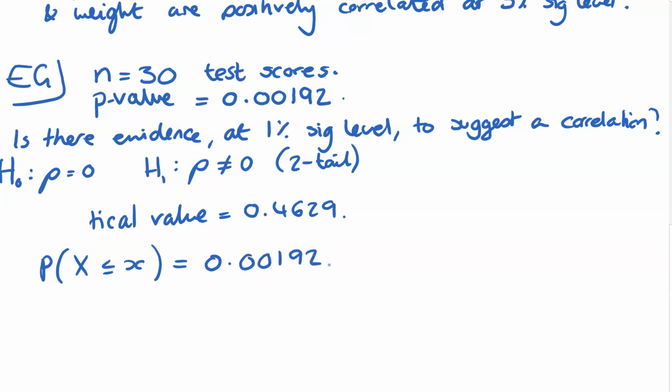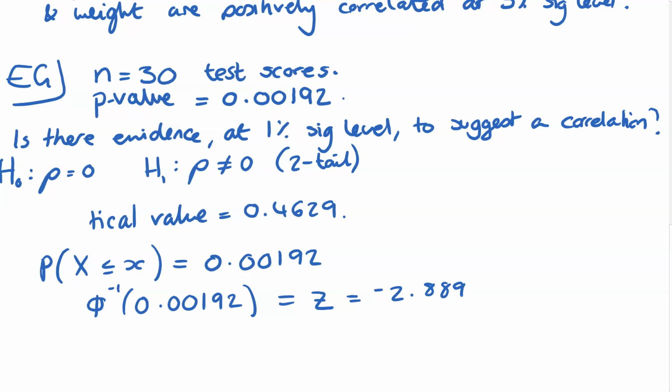And all of these things, these hypothesis tests, are assuming normal distribution. So what we're going to do is the inverse normal. So the inverse normal of 0.00192 is z. So you've got to remember z values as well, which is negative 2.889. Now that's all come from my inbuilt calculator function.